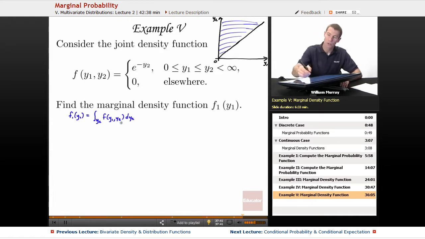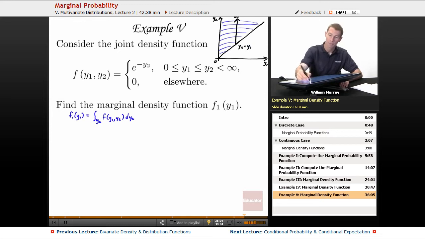So I want to think about what the limits would be on that region in terms of y2. So y2, that means I'm going to take a vertical arrow here. y2 grows up from that line and it goes on to infinity, doesn't it? So there's infinity, and there's the line y2 equals y1.